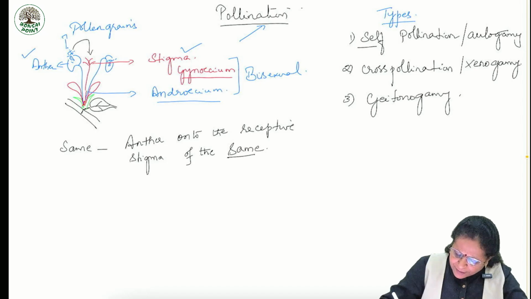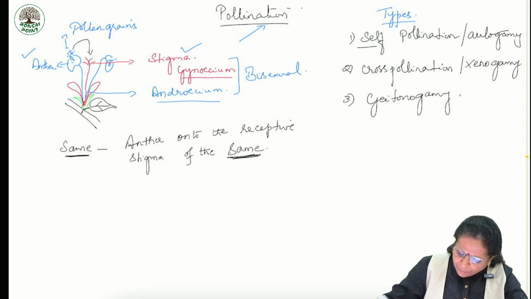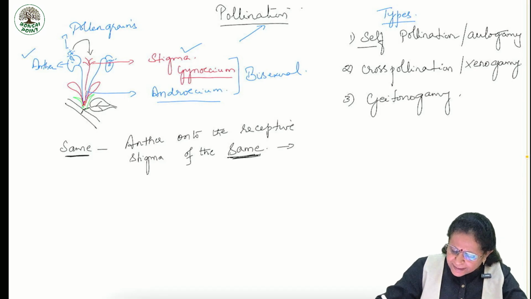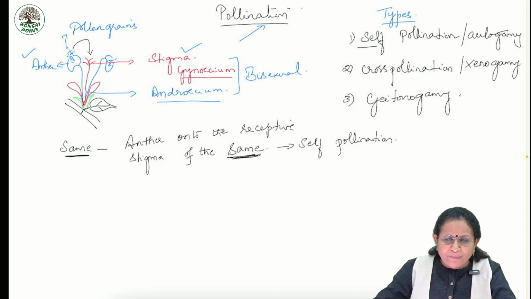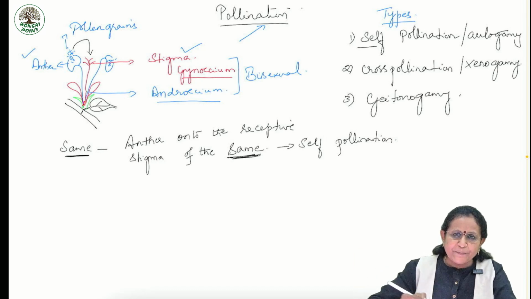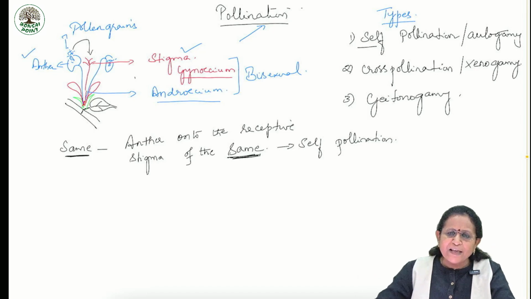One word I'll be adding, same flower, is said to be self-pollination. Please remember, transfer of pollen grains from the anther onto the receptive stigma of the same flower is said to be self-pollination.